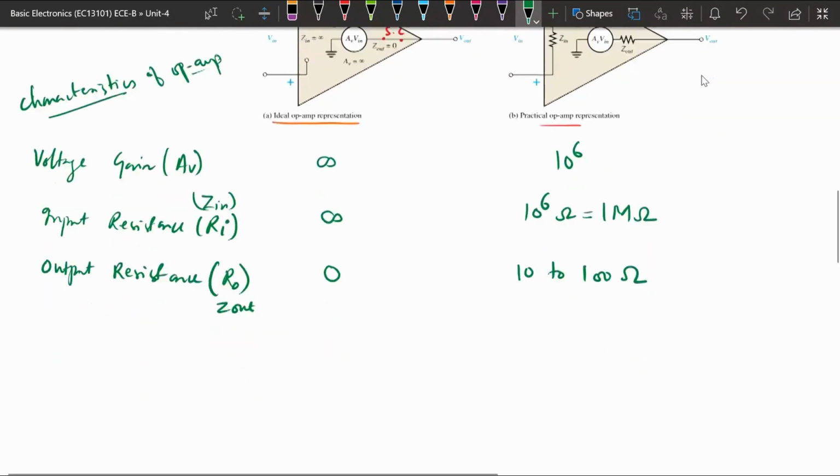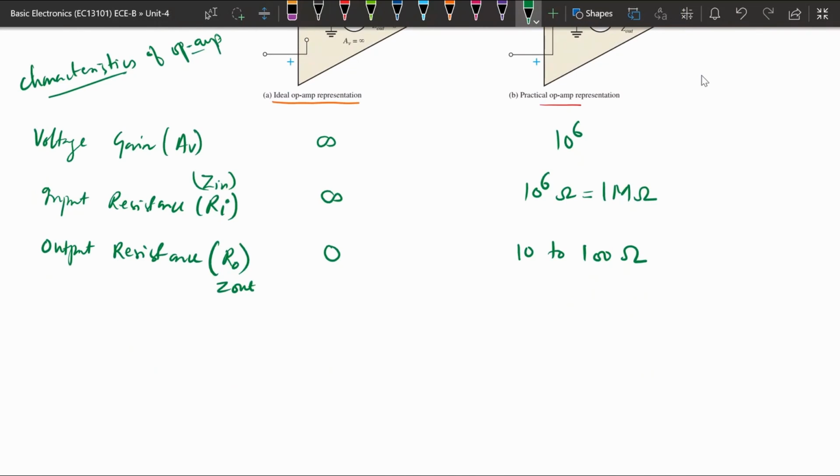One more term is called gain bandwidth product, represented by GBW.